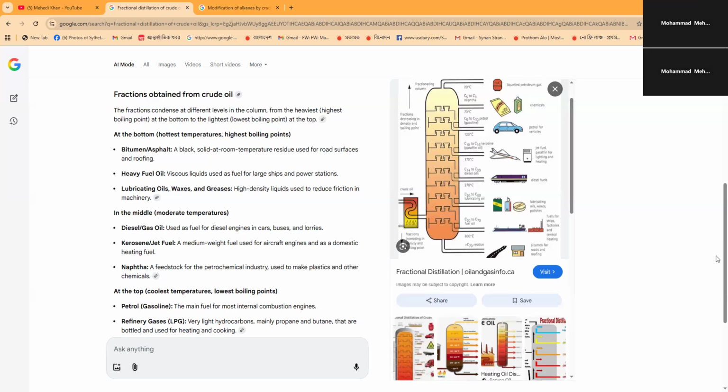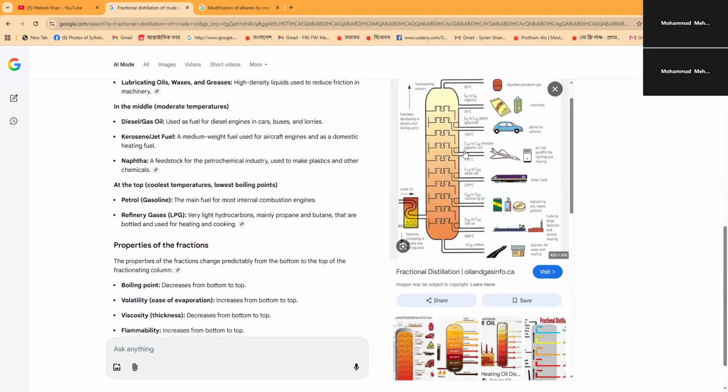At the top you will find petrol or gasoline. And the topmost part is refinery gas, LPG, liquid petroleum gas, mainly propane and butane, that is bottled and used for heating and cooking.